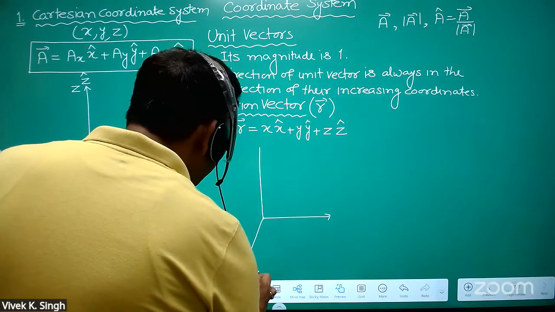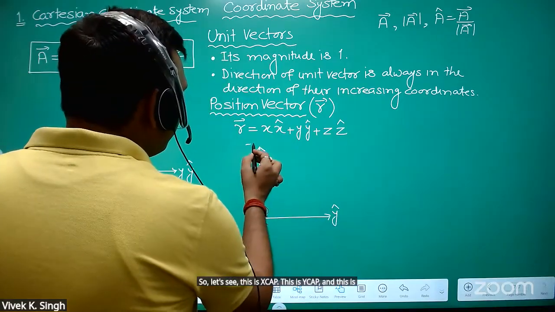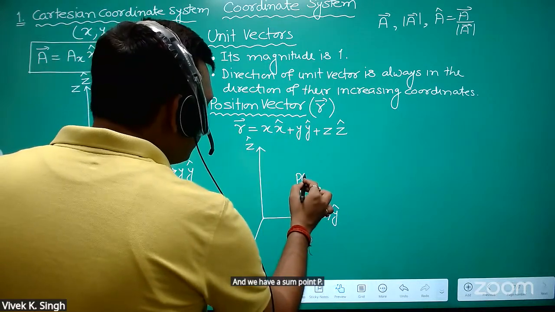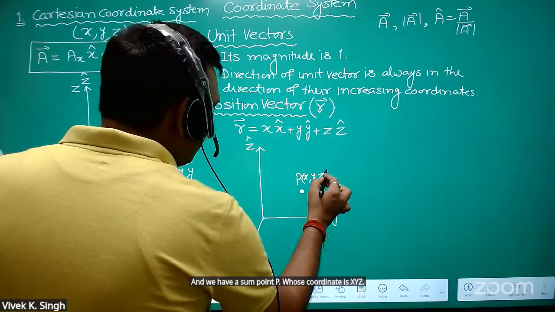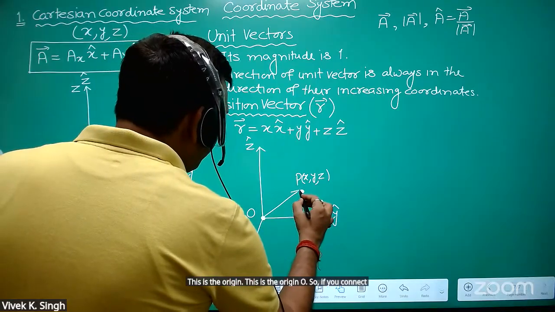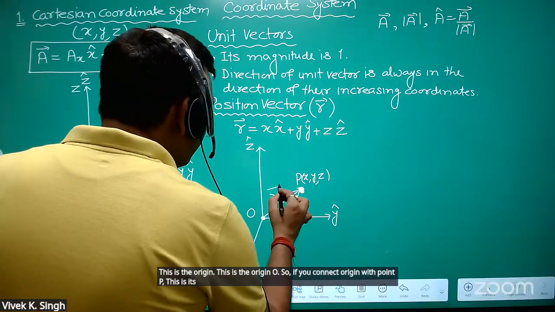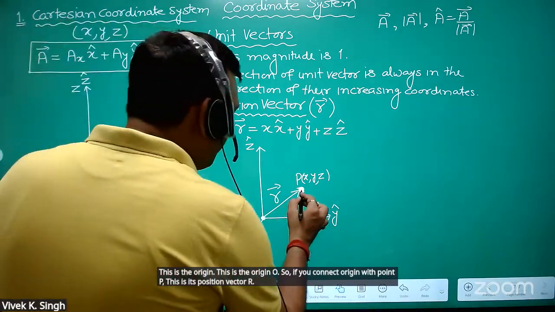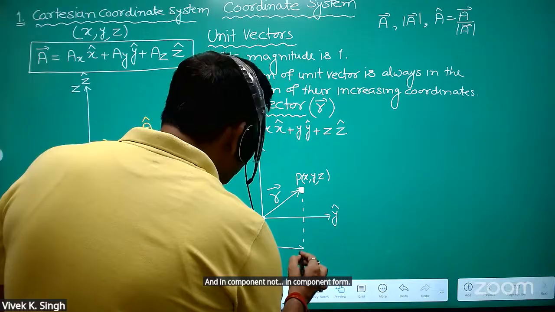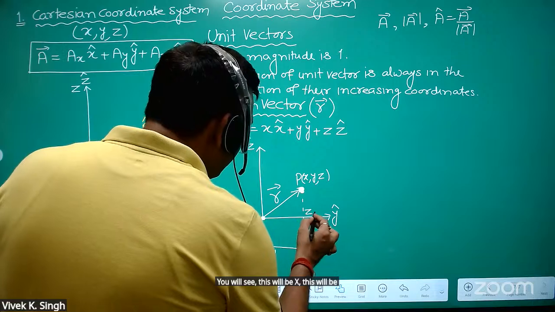So let's see, this is x cap, this is y cap, and this is z cap. And we have some point P whose coordinate is x, y, z. This is the origin O. So if you connect the origin with point P, this is its position vector R. In component form, this will be x, this will be y, and this will be z.